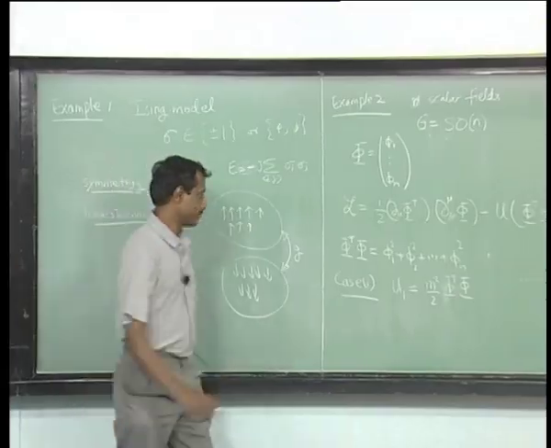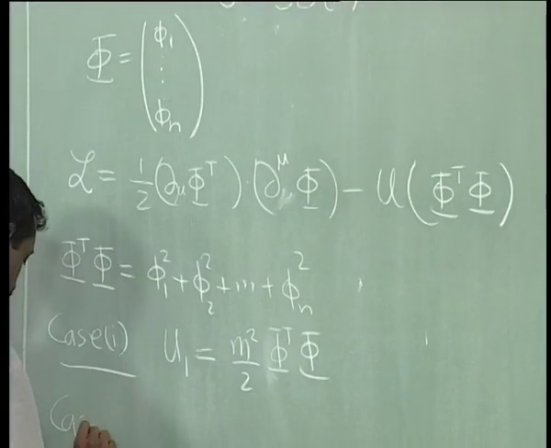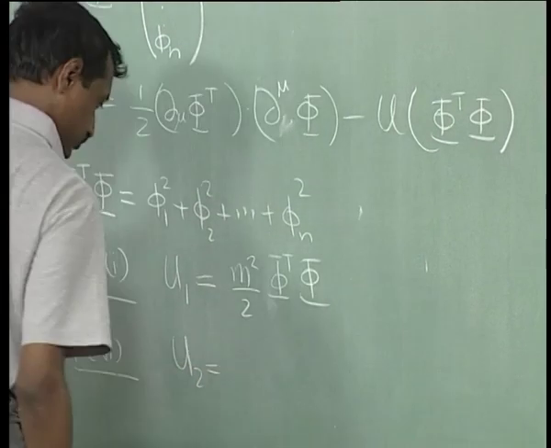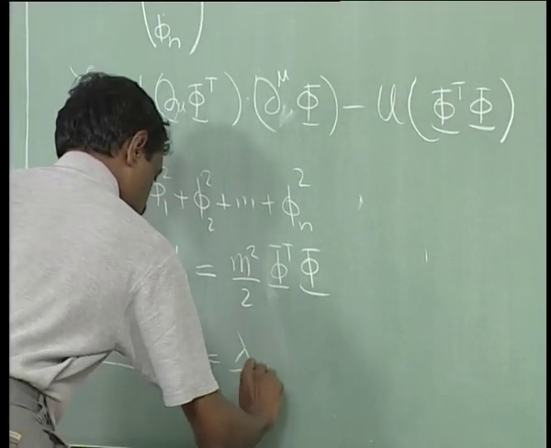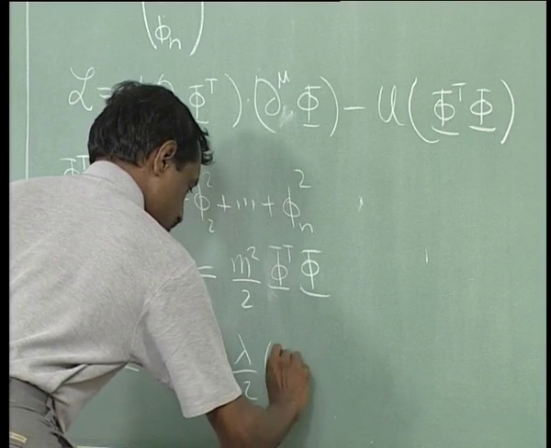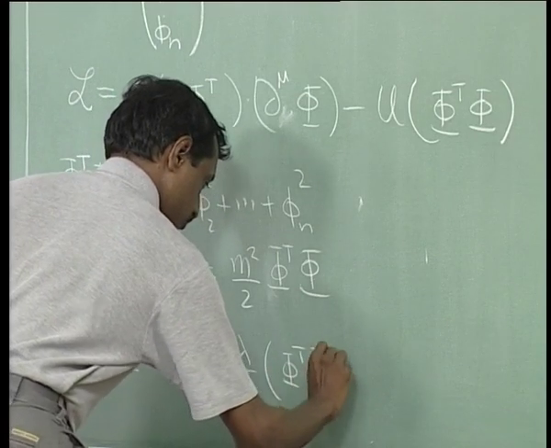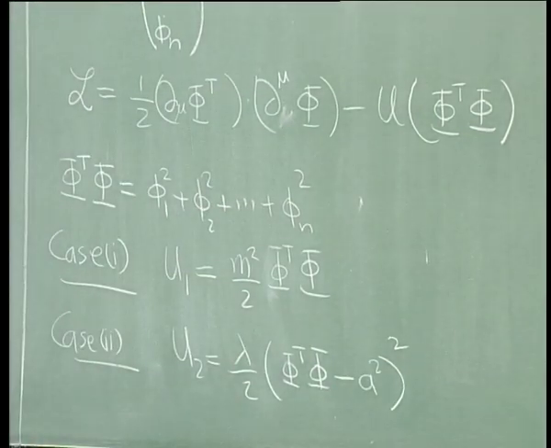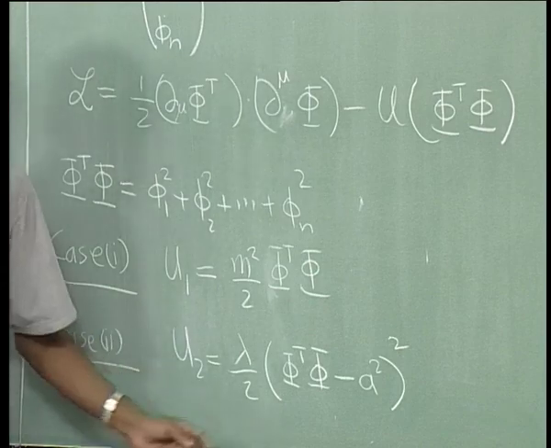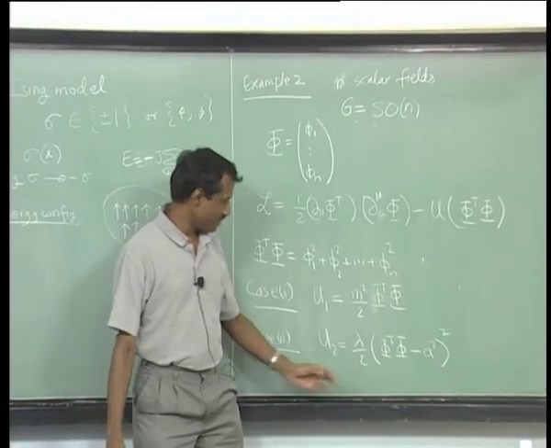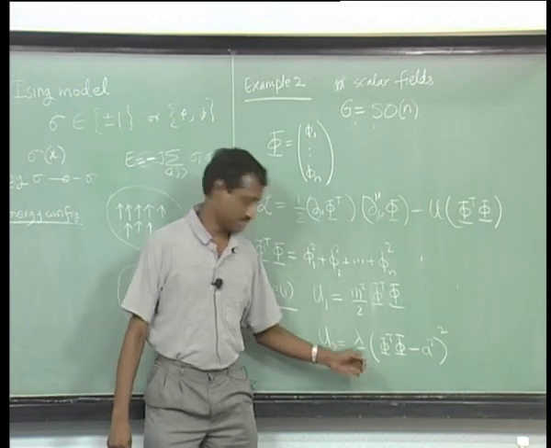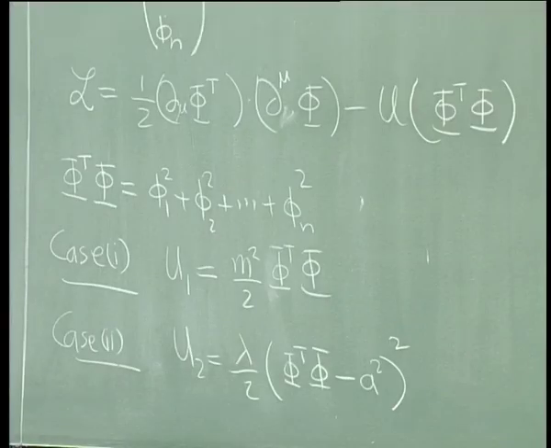Okay, and case 2. Okay. So this is the one which we have already seen in the earlier example where it was only one scalar field, but now I have n scalar fields. Okay. And how does the SO(N) act?